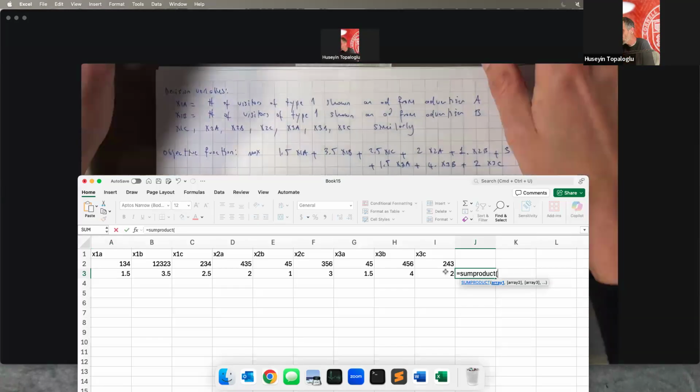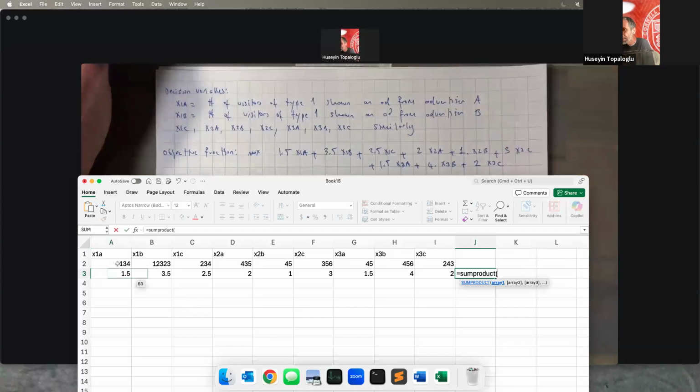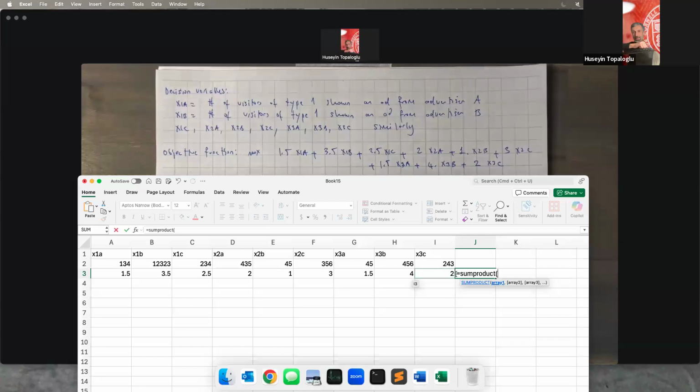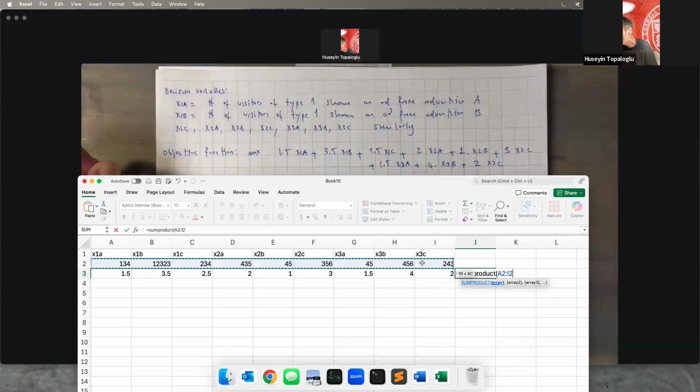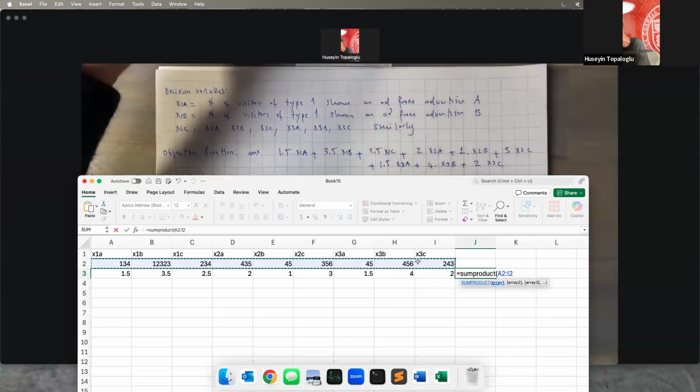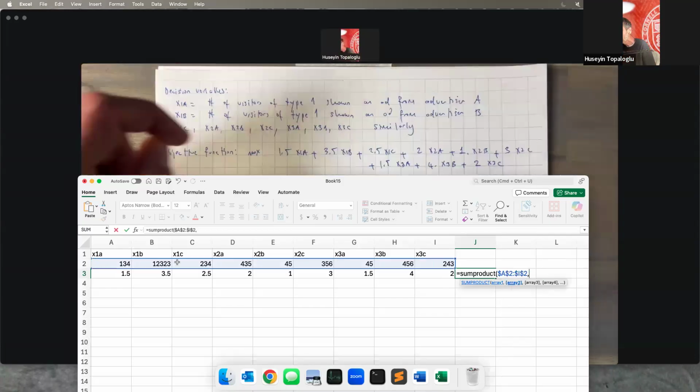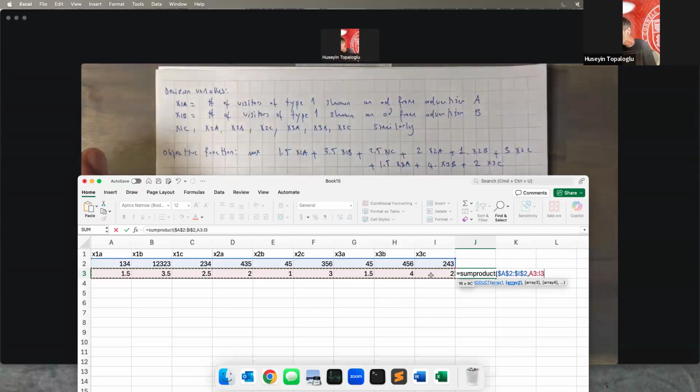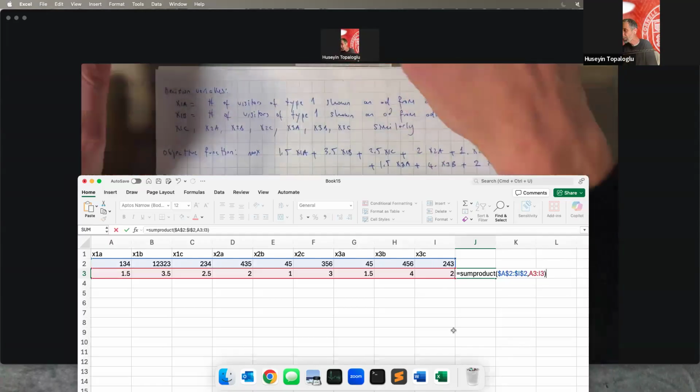So if I want to take these numbers in row 2 and these numbers in row 3, multiply the corresponding ones and add them all up, I'm going to use the SUMPRODUCT formula. I'm going to pull these formulas in a second, so let me anchor them by using the dollar signs here. I'm going to multiply them with the corresponding coefficients here and add them up.